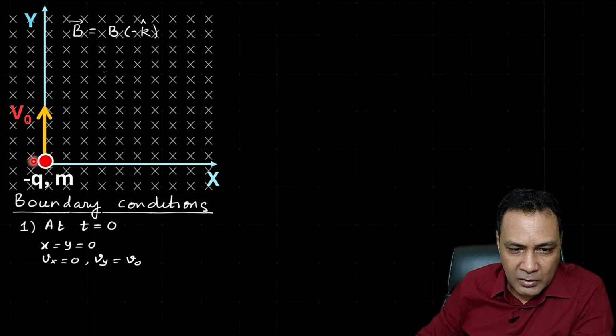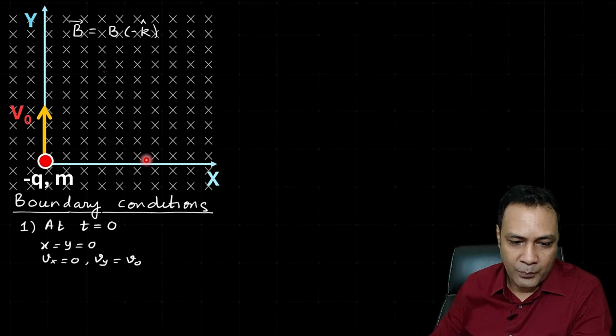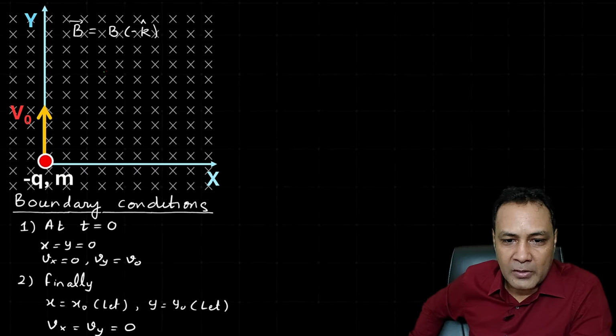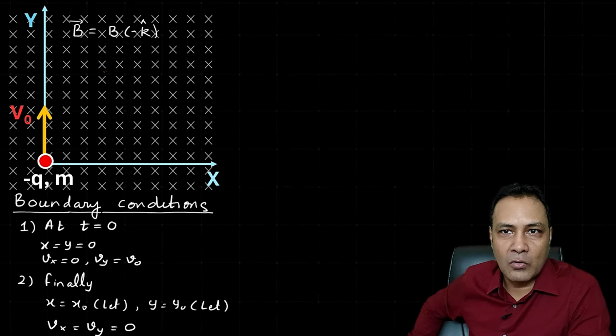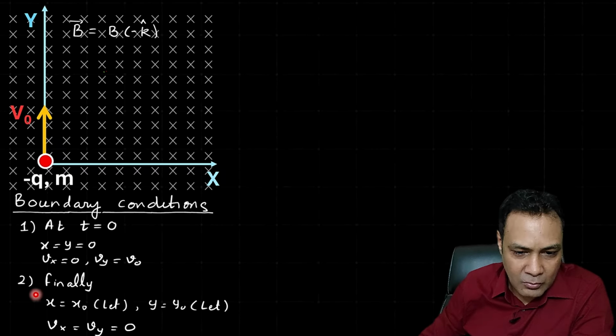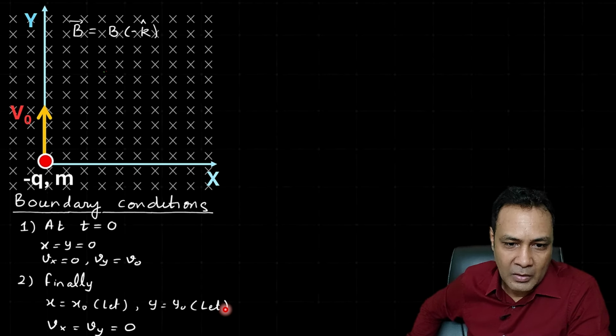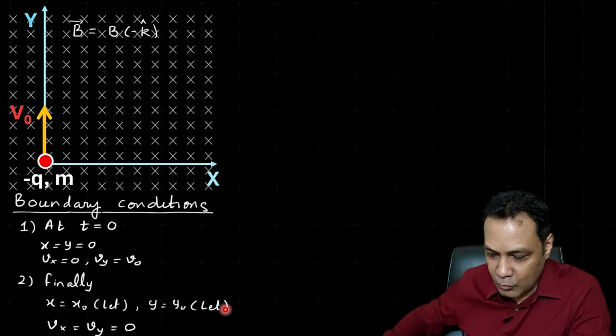Now it moves in a spiral path and eventually it stops. Finally, let's assume that it stops at a point whose coordinates are x naught, y naught. So x equals x naught, y equals y naught. It finally stops, so both components of the velocity, x and y, will be 0. And let's note one thing also.